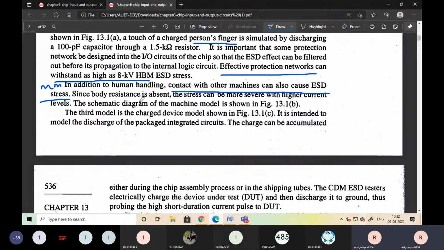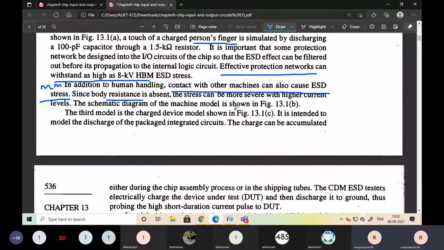Since body resistance is absent, there is no resistance, but the stress can be more severe with higher current levels. Just as the human body acts as some resistance, here, without resistance, there is some severe ESD producing higher current levels.